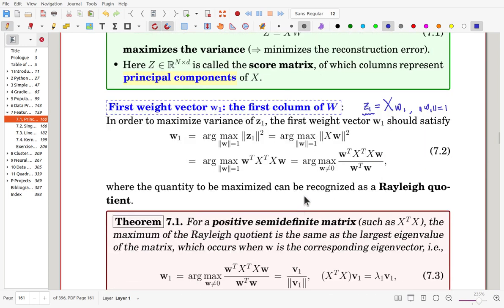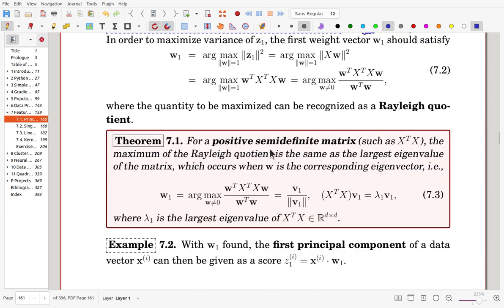For maximizing the Rayleigh quotient, we have really good theory in numerical linear algebra. For a positive semi-definite matrix, such as X transpose X, the maximum of the Rayleigh quotient is the same as the largest eigenvalue of the matrix, which occurs when W is the corresponding eigenvector.